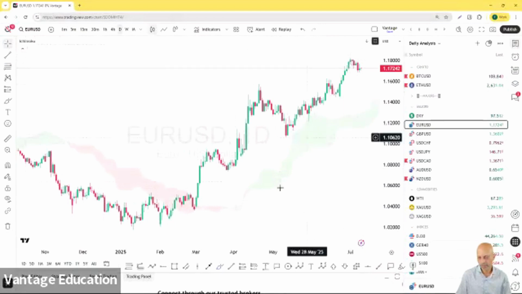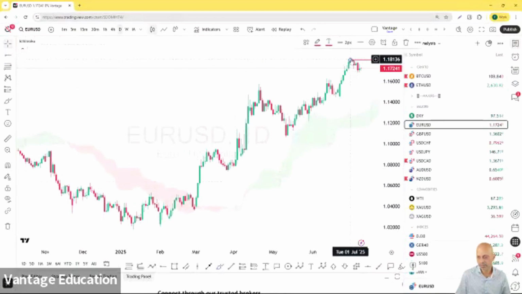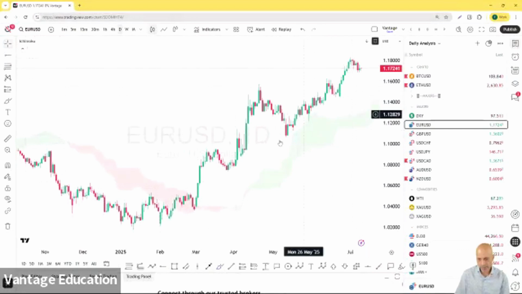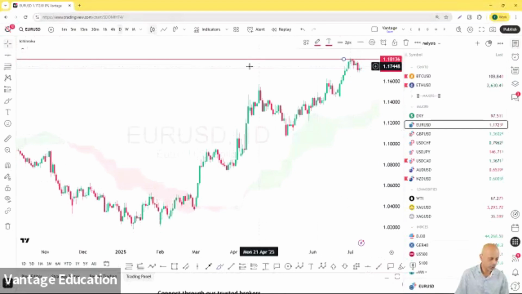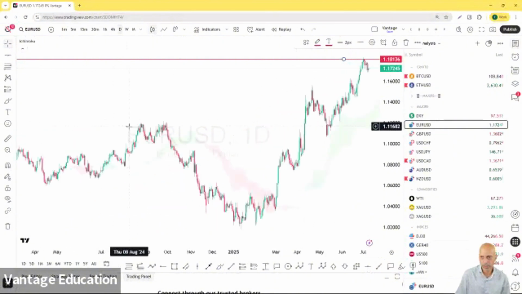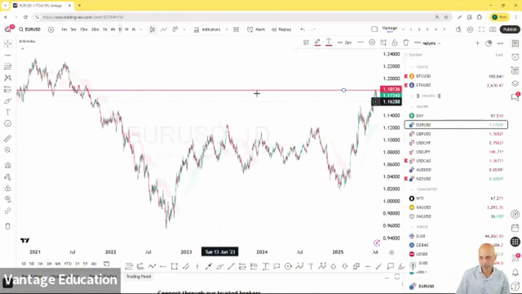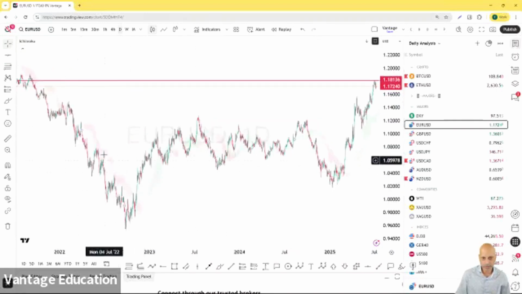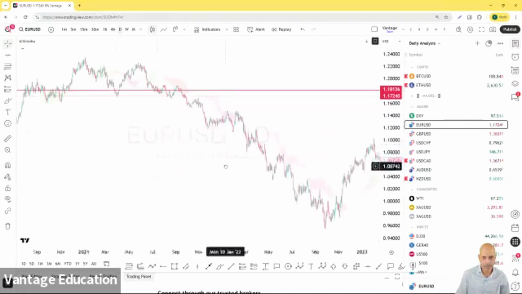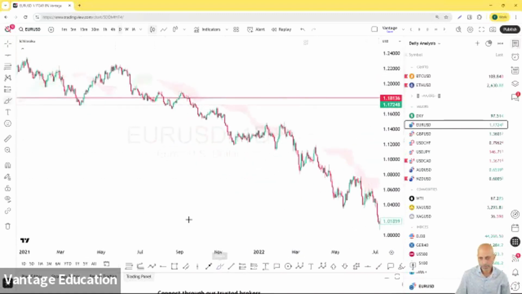Right, so we can see here the euro forming a swing high resistance at around 1.1805. So this could be an area where we can identify the first major resistance. And remember, we have to look back as far as possible. So for the euro, let's scroll out, and when we zoom out and look at the chart for the euro in 2021, we can actually spot a multi-swing high resistance that had been formed at the end of July 2021, and then again in early September 2021.